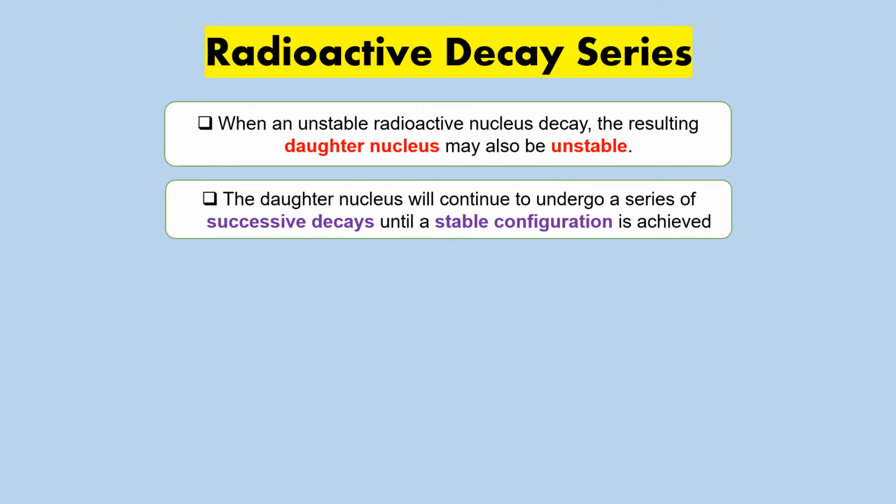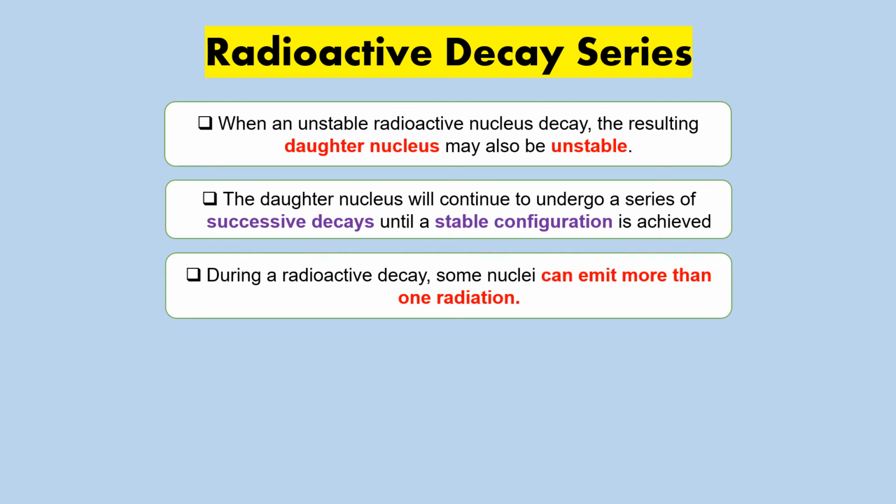Thus, the daughter nucleus will continue to undergo a series of successive decays until a stable configuration is achieved. In this process, the continuous radioactive decay will produce more energy and more radiation, which means alpha decay, beta decay, and gamma ray will repeatedly be produced randomly.